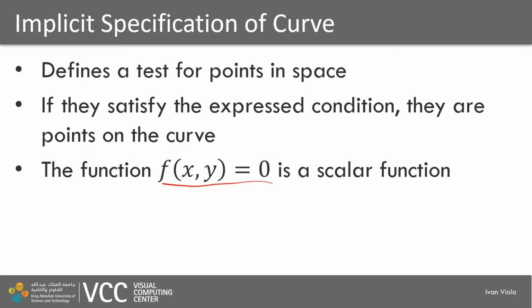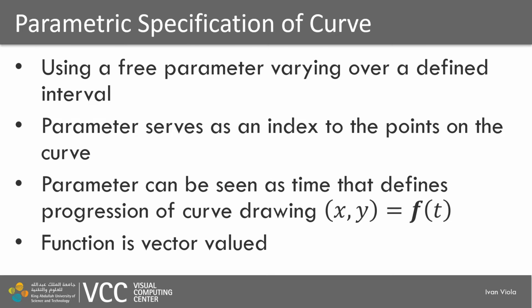This is in contrast to the parametric curve representation, where the parameter gives us this notion of order. So parametric representation has one free parameter for a curve, and that varies over a defined interval. Typically, we would have an interval between 0 and 1, or other larger intervals, maybe always between two integers.